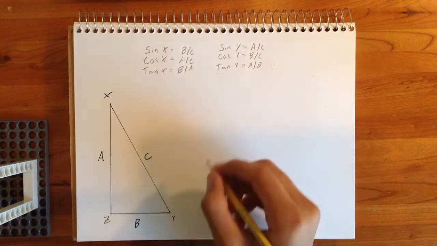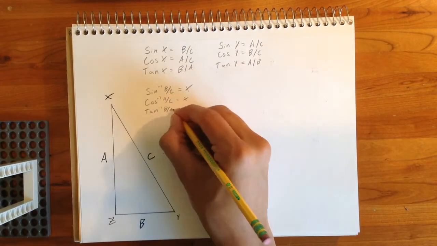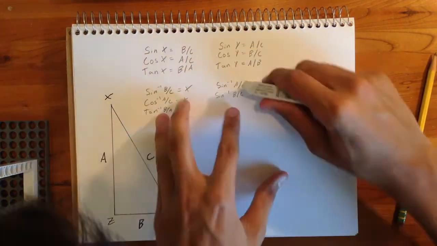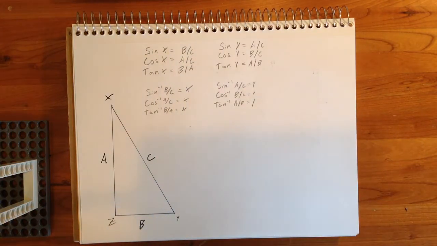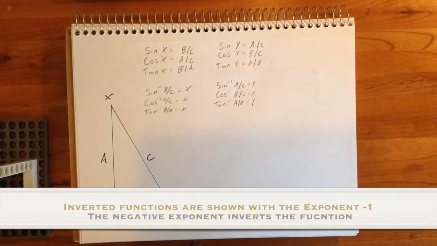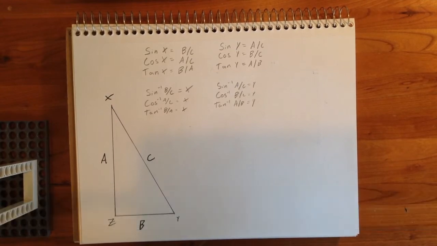On the video right now, you can see me writing out all 6 of these relationships that we know with sine, cosine, and tangent. And I'm also going to write out all the arcsine, arccosine, and arctangent ratios that we know. So essentially, if you take the ratio of the two sides, or just divide them on your calculator, and plug that into the arcsine function, you will get the angle measurement that you want back out of it.